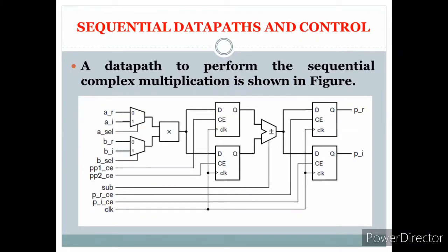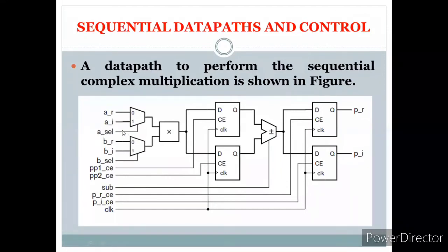This is the figure for implementing the operation on complex numbers. If you observe, it has a multiplexer, a multiplier, registers to store values, an adder and subtractor to perform the addition and subtraction operations, and finally a register to store the result.